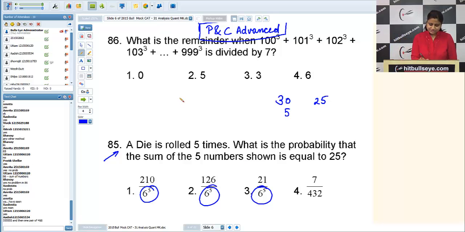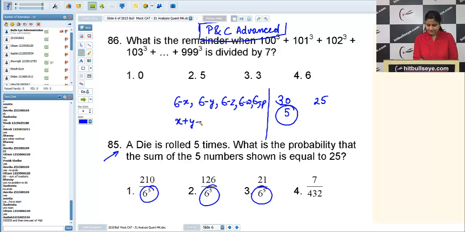So I can assume, see, I have assumed that every die is taking a 6. So in total this 5 should be removed. So suppose X is removed from here, Y is removed from here, Z, W and say P. Now I can say that this X plus Y plus Z plus W plus P should be equal to 5, because this 5 should be removed.